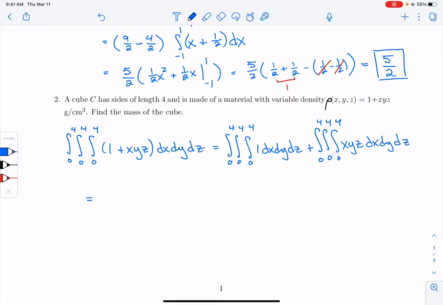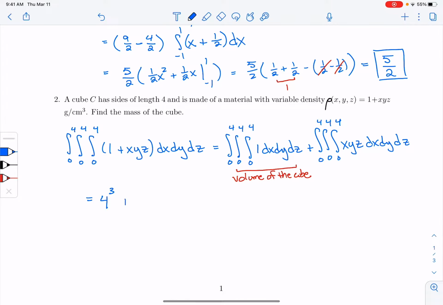The reason is that in the first integral, I'm integrating 1, like a density of 1 from 0 to 4 in each direction. And so that's just going to give me the volume of the cube. And the volume of the cube is 4 cubed.